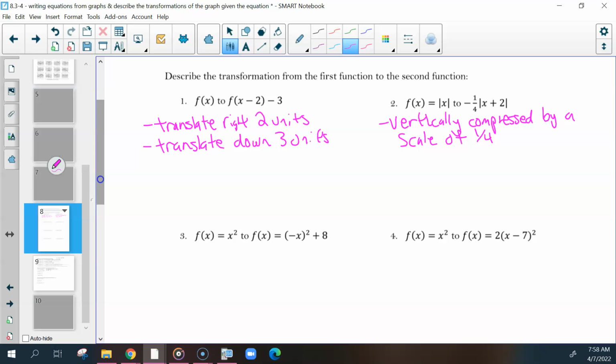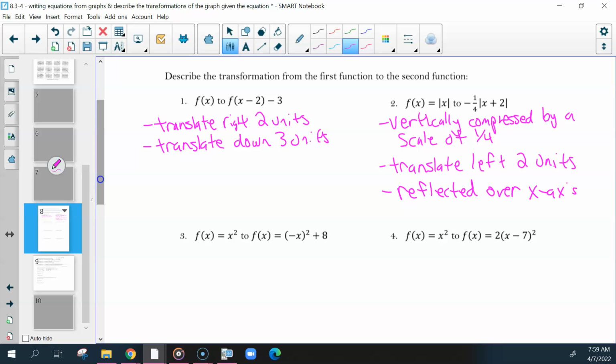What else did it do? It did translate left 2 units. And there's one other thing. Reflected over the x-axis. Questions on any of those?